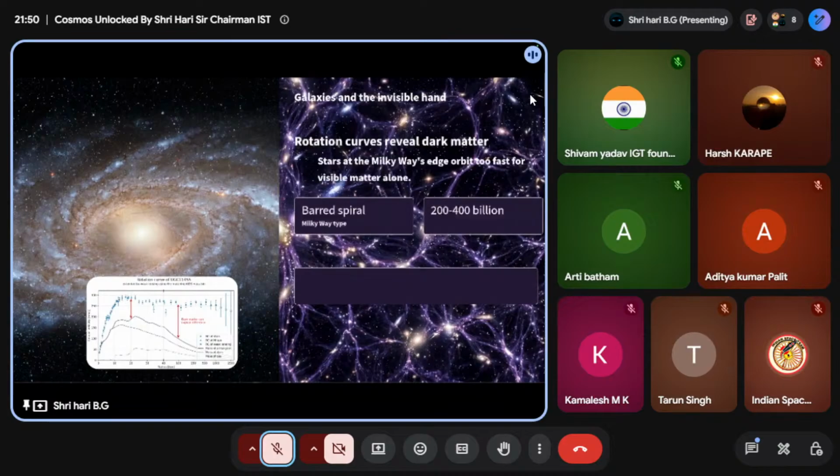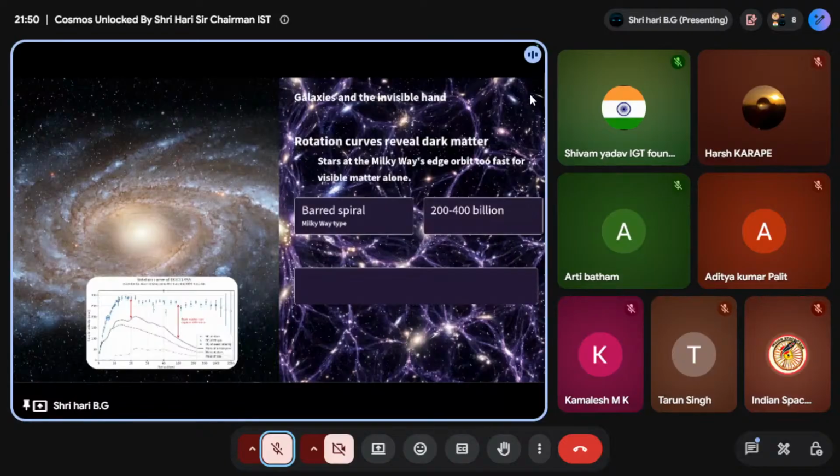If dark matter doesn't exist in the galaxies, the Earth and other planets wouldn't exist. Because if dark matter is not there, the spiral galaxy would break and spread out in a rapid direction, like throwing sand in the air. The spiral galaxy would go in all directions and crash, and we wouldn't see this beautiful spiral galaxy.